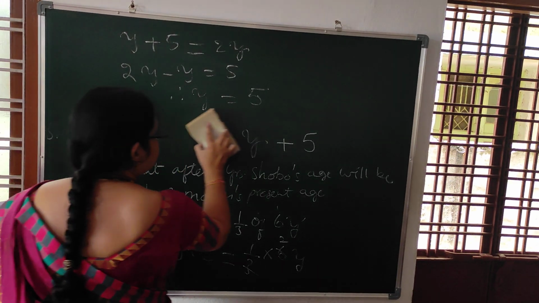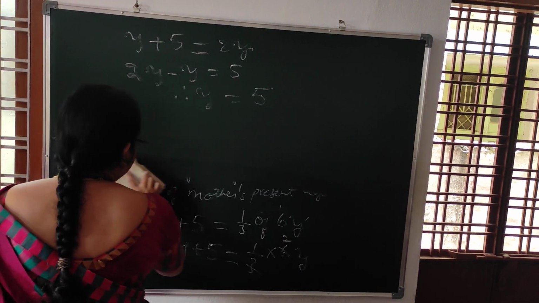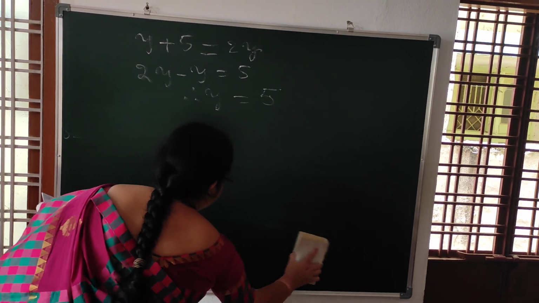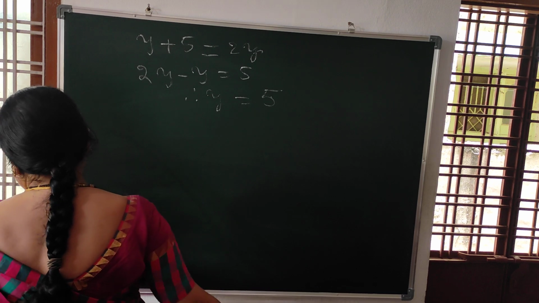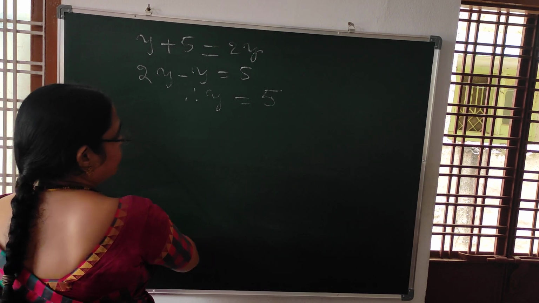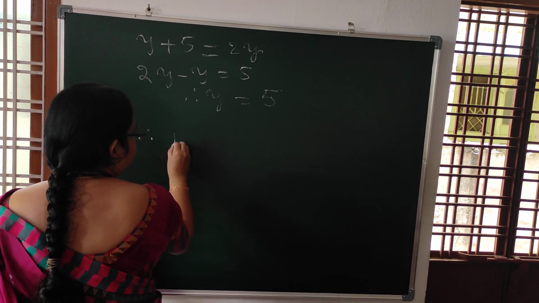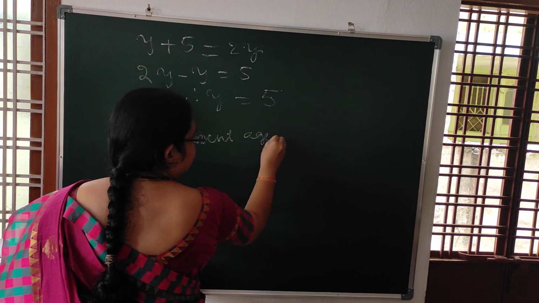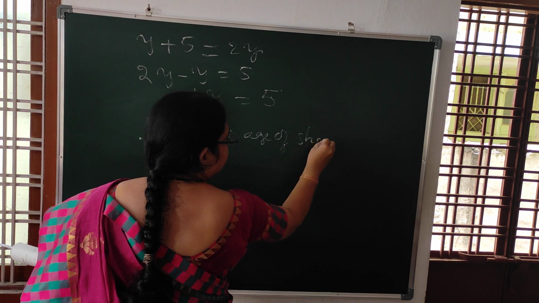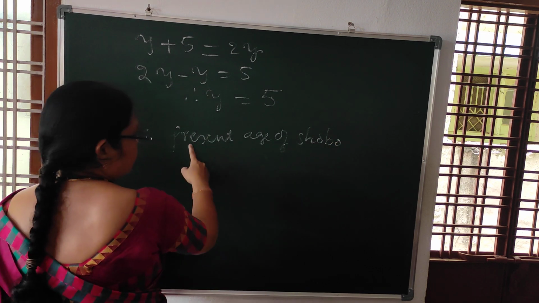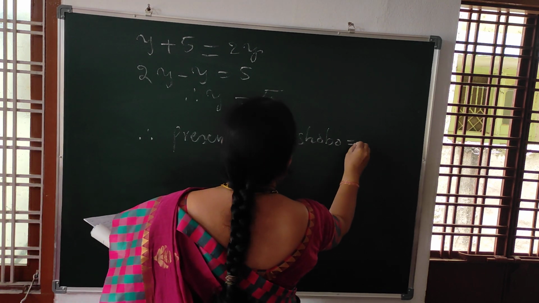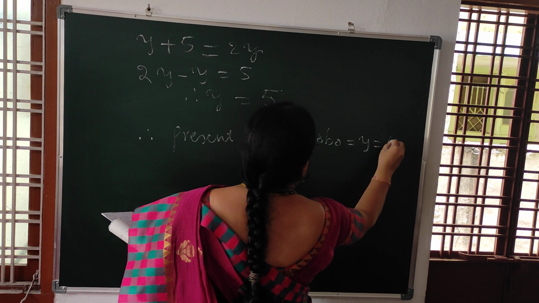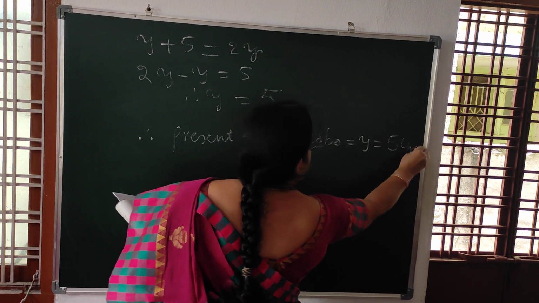Who is y here? Shobo. So Shobo's present age is 5 years. In the question you are asked to find their present ages. Present age of Shobo is y, which is equal to 5 years.